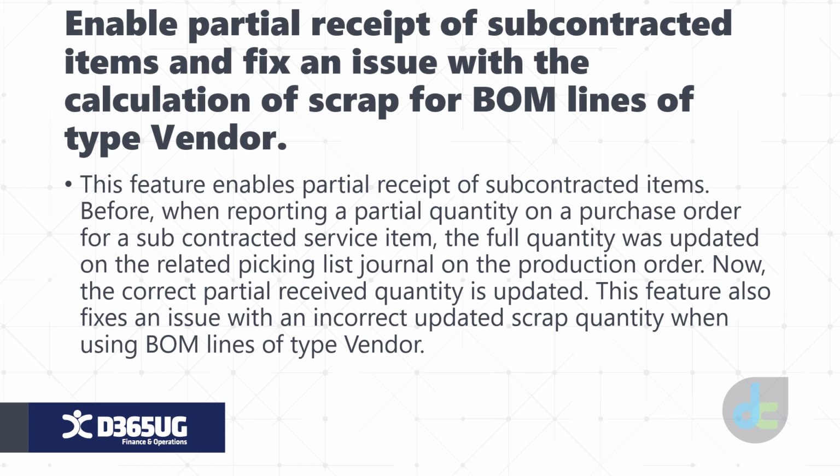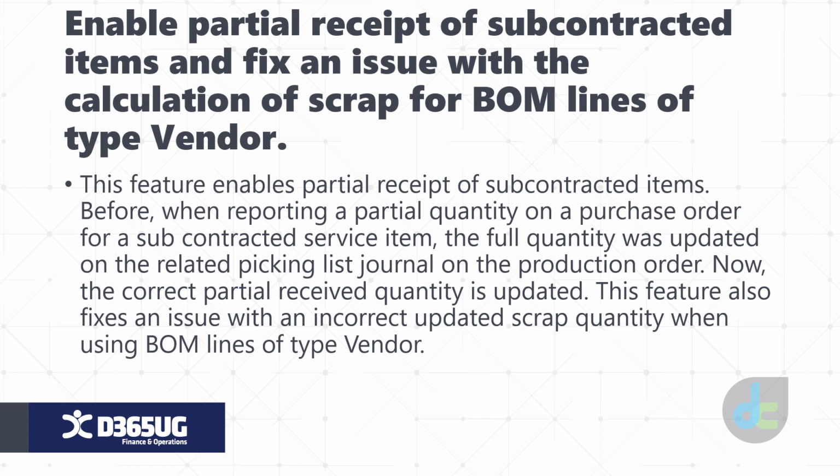Next, we have enable partial receipt for subcontracted items to fix an issue with calculation of scrap for BOM lines of type vendor. So that is the actual feature name. The feature names can be quite long, but this basically does 2 things.